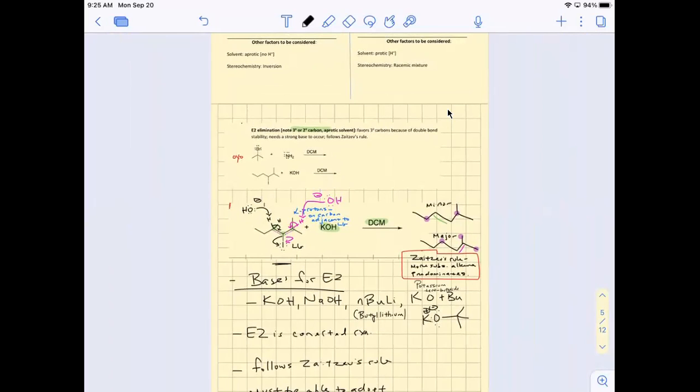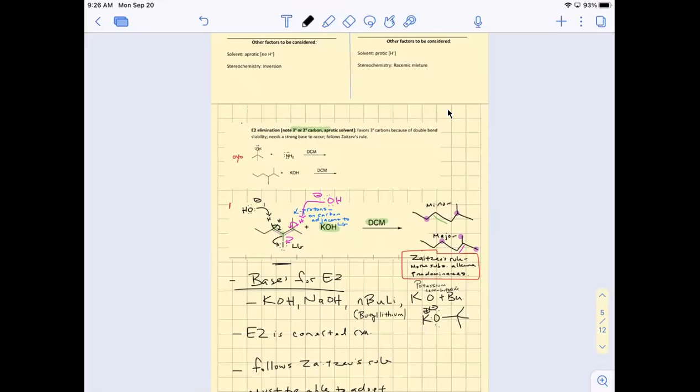All right, and there are some rare cases where that's not possible, especially if you have like a chair, a 6-member ring or something like that, and it has a large substituent that prefers to be equatorial. But if it's equatorial and the leaving group is axial and you can't get the right conformation between the 2 carbons that are going to be involved in elimination, then it won't happen. But it's rare.